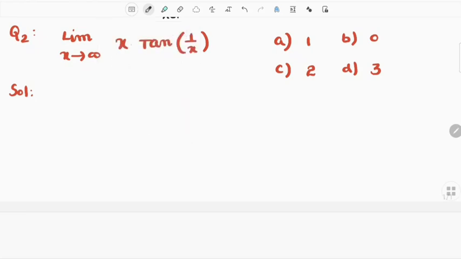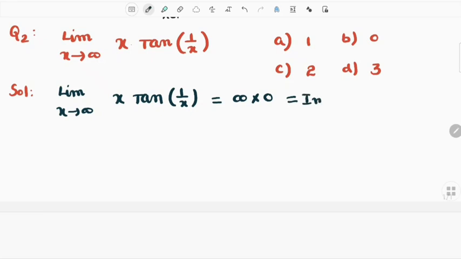So how to do that? We have to write the given limit: limit x tends to infinity of x into tan of 1 by x. It is infinity into x, as x tends to infinity, 1 by x tends to 0, and tan 0 is 0. Infinity into 0 is also an indeterminate form.